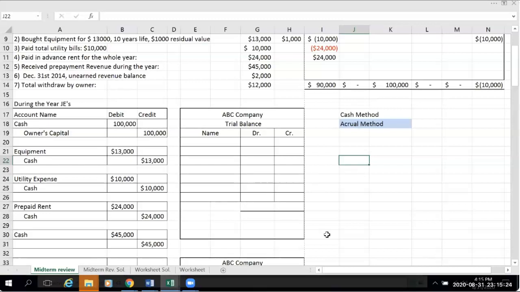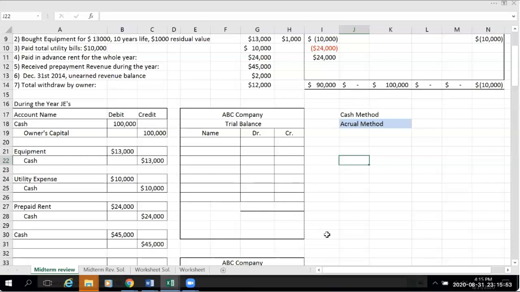Let's say you are making a 5-story building, a $5 million contract. At the end of the first year, you finished 20% of that building. Based on percentage of completion, you will recognize at the end of the year 20% of 5 million, that is 1 million.